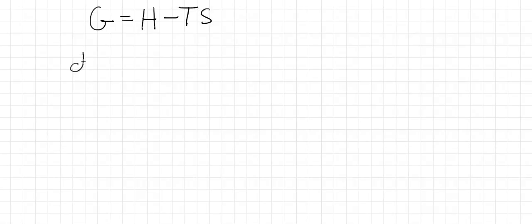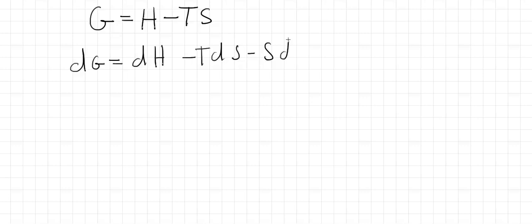Finally, the most important is the Gibbs function. So the Gibbs function is equal to the enthalpy minus TS. So we have the change in the Gibbs function. It's the change in the enthalpy minus TdS minus SdT.